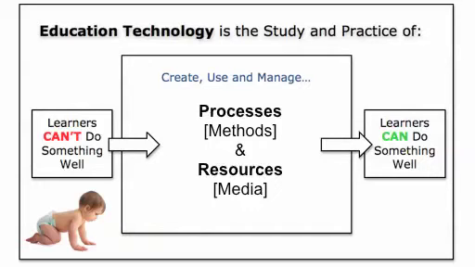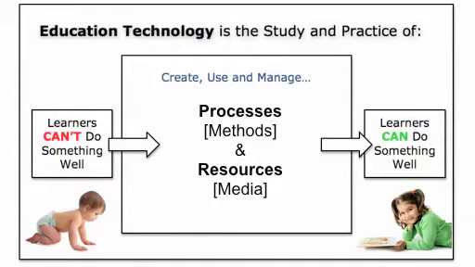And then after some amount of time and interaction, after processes are experienced and resources are used, then learners are capable of doing something well. In this case, we have a little baby coming into the world with an inability to read.